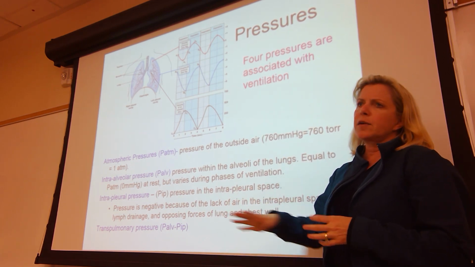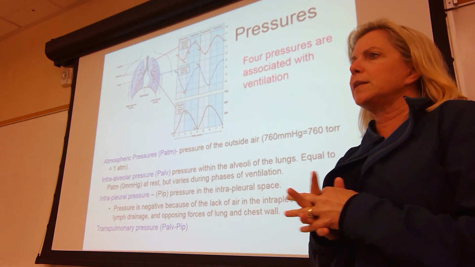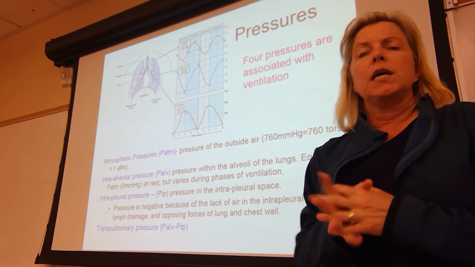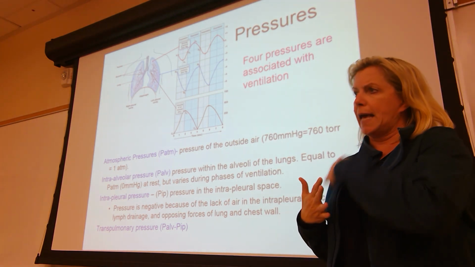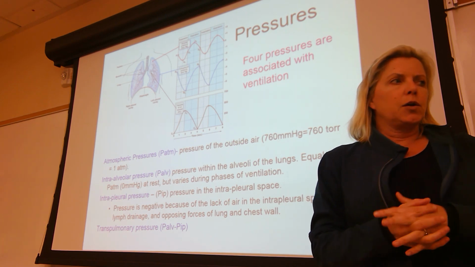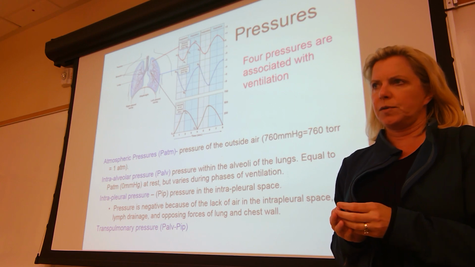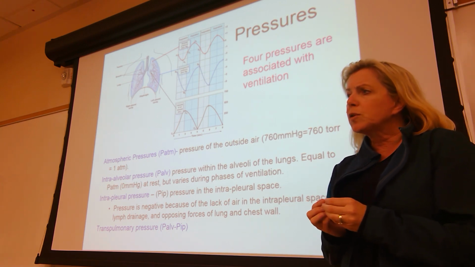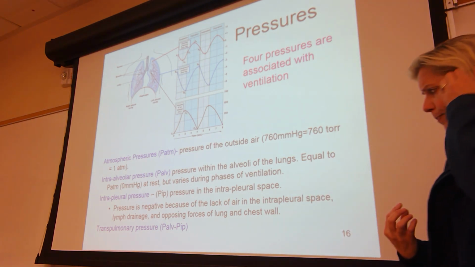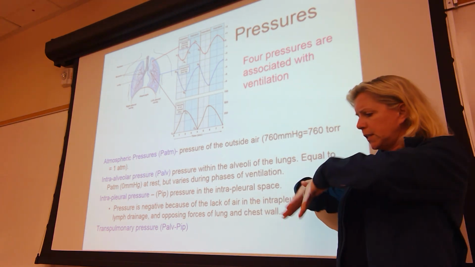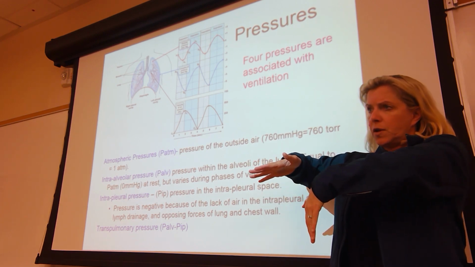But there are two other pressures that we need to talk about: intrapleural pressure and transpulmonary pressure. Intrapleural pressure is the pressure in your pleural cavity. You heard me say earlier that this should be a vacuum. That means a negative pressure. It's a negative pressure because we have the lymphatic drainage, and we also have the lung and chest wall, as you heard me say, trying to separate away from each other.